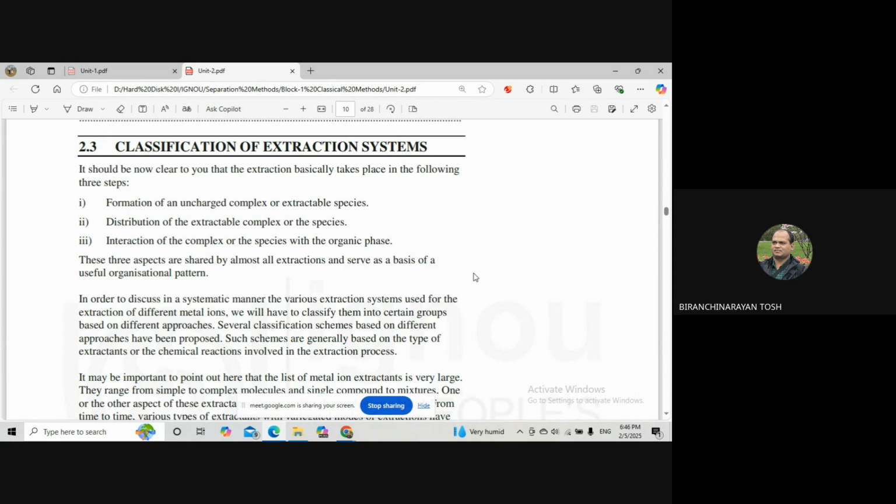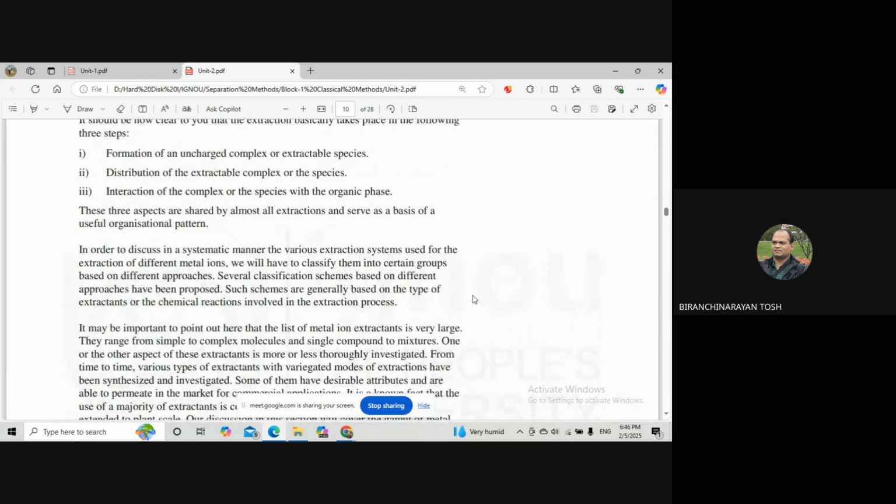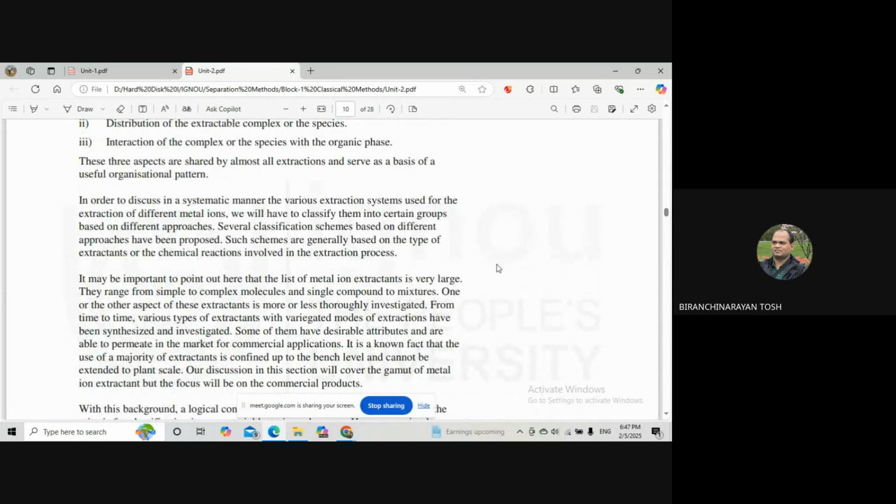These things we have already discussed. So now, in order to discuss in a systematic manner the various extraction systems used for the extraction of different metal ions, we will have to classify them into certain groups based on different approaches. So, several classification schemes are there.